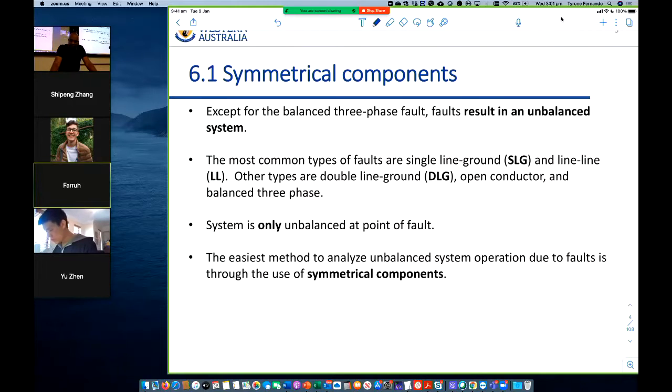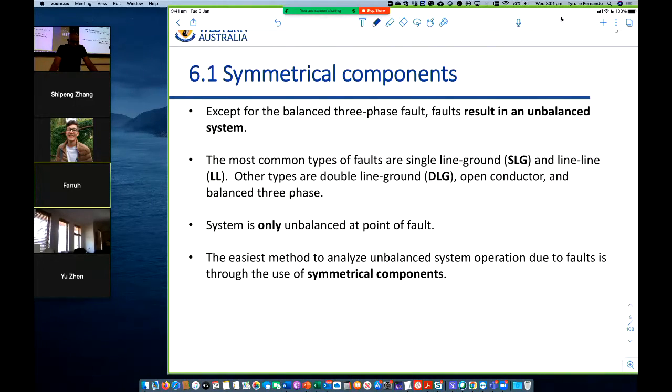Like if a line is connected to ground, obviously that's an asymmetrical fault, and that's called a single line to ground fault. We can also have line-to-line faults. In other words, two lines connecting to each other. That's an asymmetrical fault as well. We can also have two lines connecting to ground, and that's another asymmetrical fault.